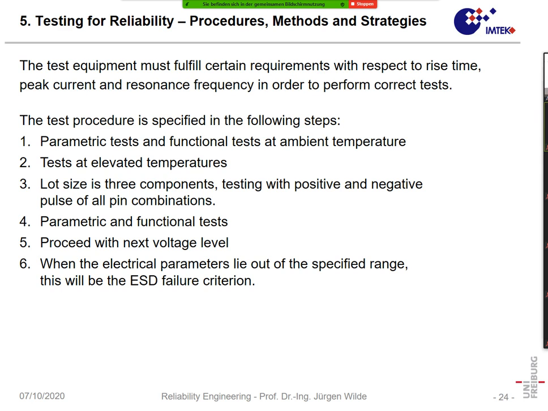After that, we do parametric and functional tests, and when it's okay, we proceed with the next voltage level. For the next voltage level, we can use a new device. We can also use the old device, but to be on the safe side for your product, it's better to use a new device.